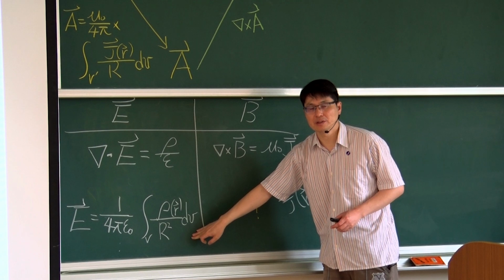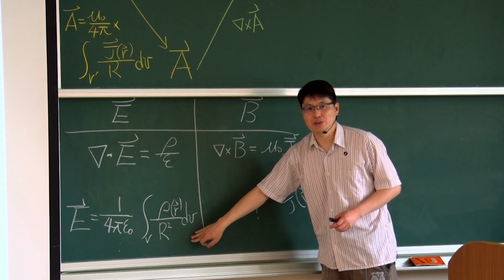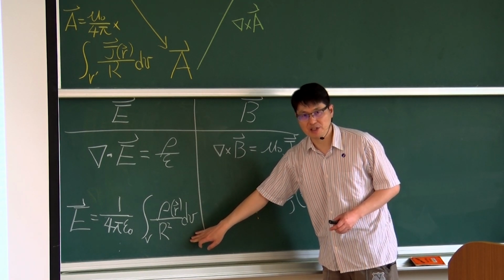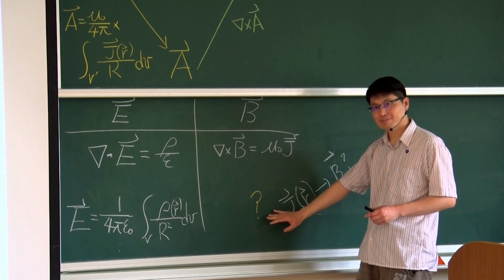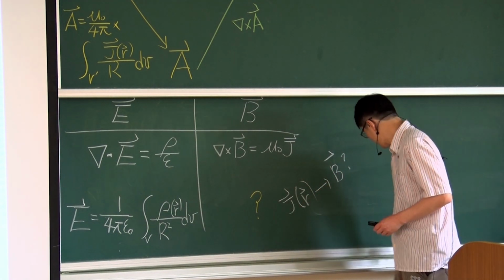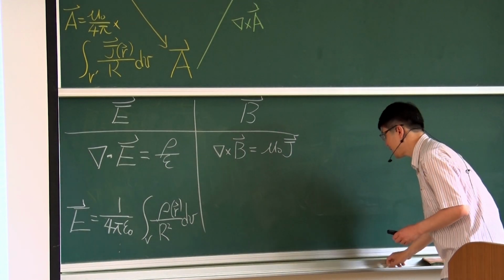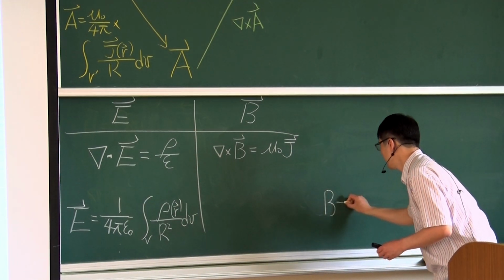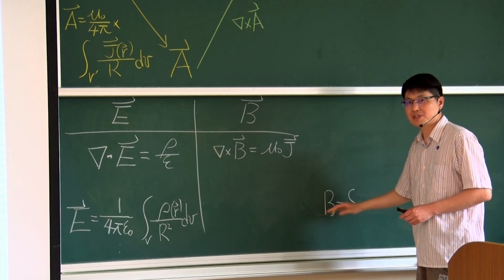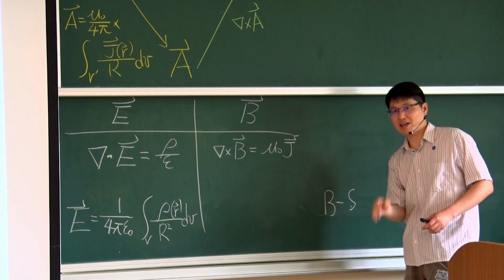In other words, they wanted to have a counterpart of Coulomb's law. Okay? So up to now, I can say this is BS, Biot-Savart. This BS is not that BS, okay?